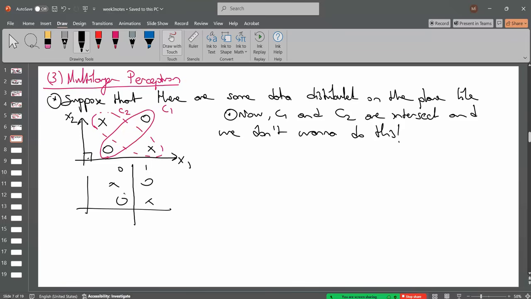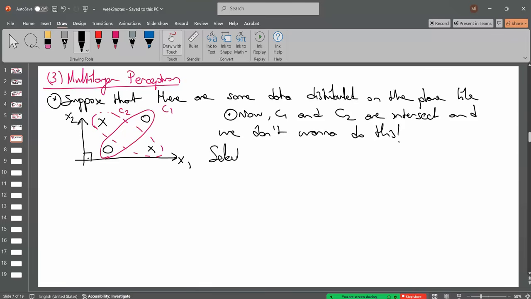So we should divide these terms with two hyperplanes, just like this. But we don't want to do this, because if we have this information, we cannot separate this C1 and C2 with one hyperplane, or we can define another model here.